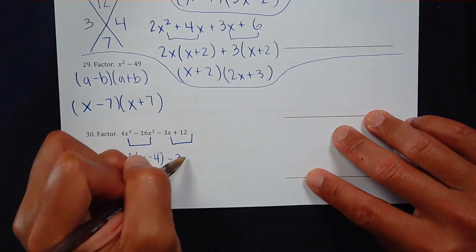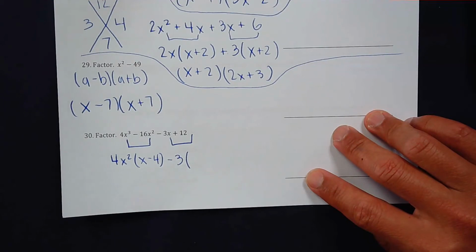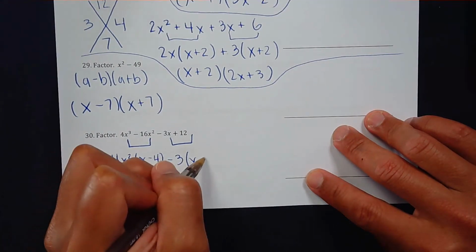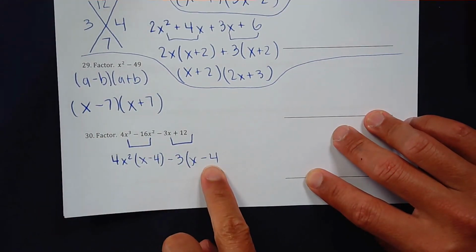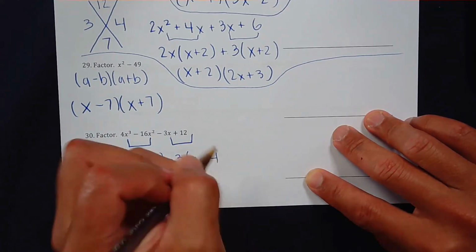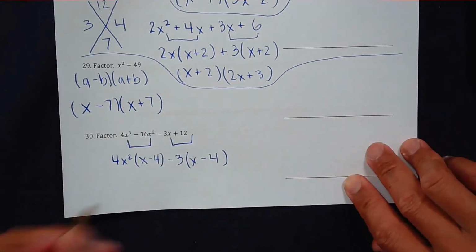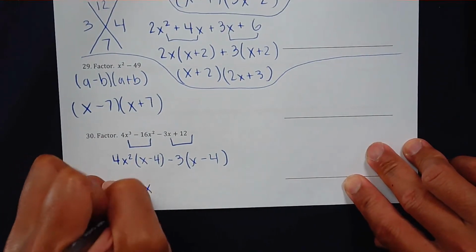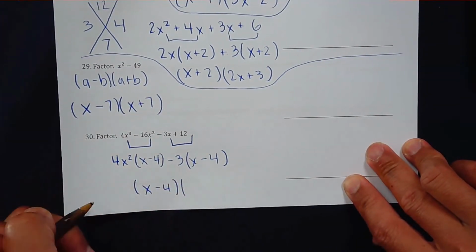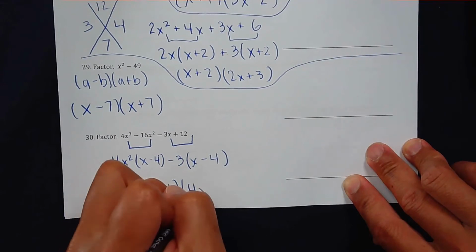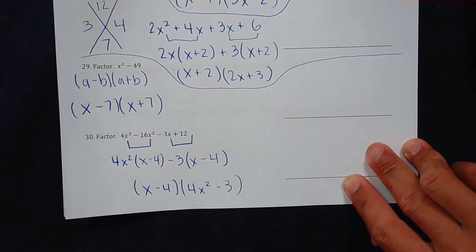That's the greatest common factor. And then we have x, so be careful right there. That's going to be a minus negative 3 multiplied by negative 4, which gives us a positive 12. Final answer is going to be x minus 4 multiplied by 4x squared minus 3.